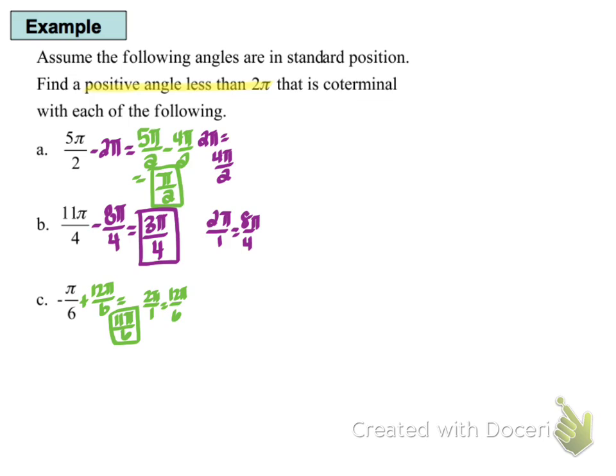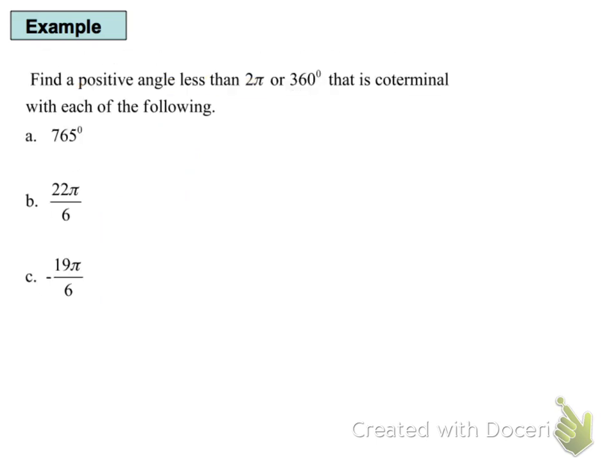Now, in all of these instances, we just had to either add 1 time around the circle or subtract 1 time around the circle to get to be positive and less than 2 pi. These last examples are a little bit different. And the reason, if you look at the first one, again, the same rules, positive angle less than 2 pi, which is coterminal. So coterminal angles, and we want the answer to be positive and less than 2 pi.